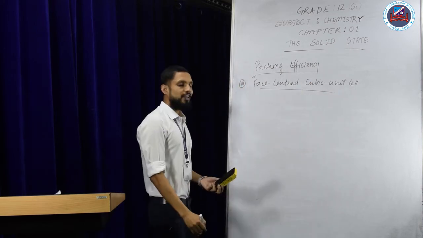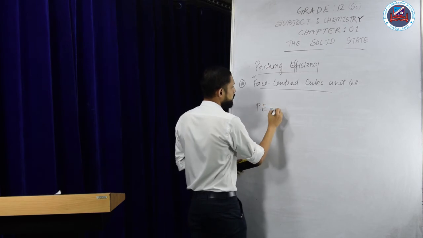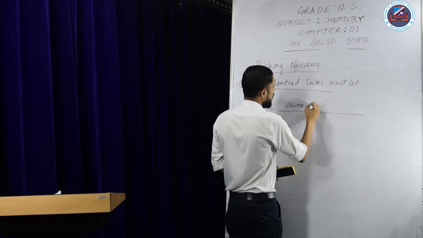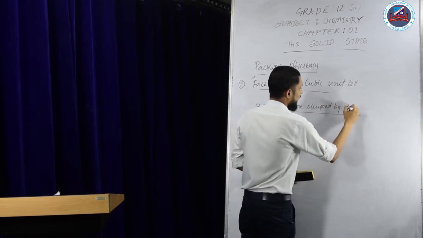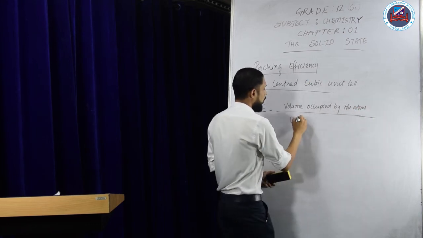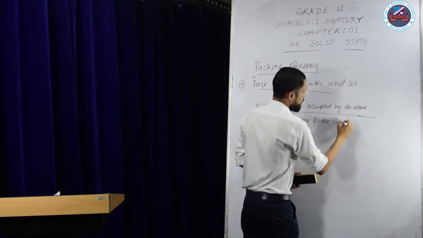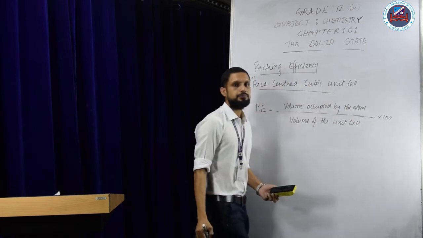So in case of face-centered cubic unit cell, we'll use the same formula. Packing efficiency is equal to volume occupied by the atom or atoms by volume of the unit cell, and is multiplied by 100.